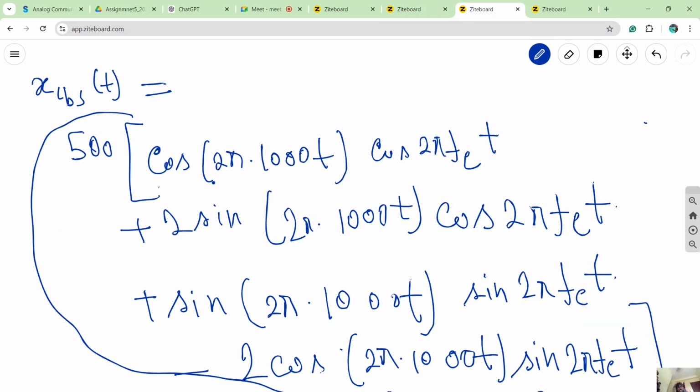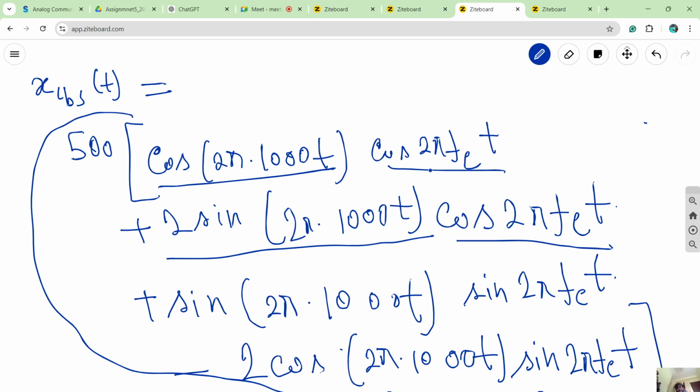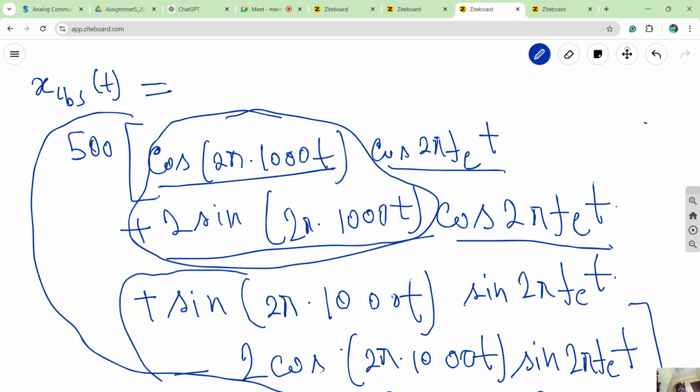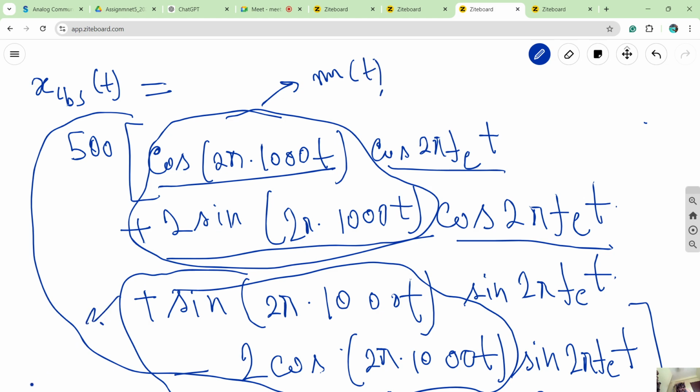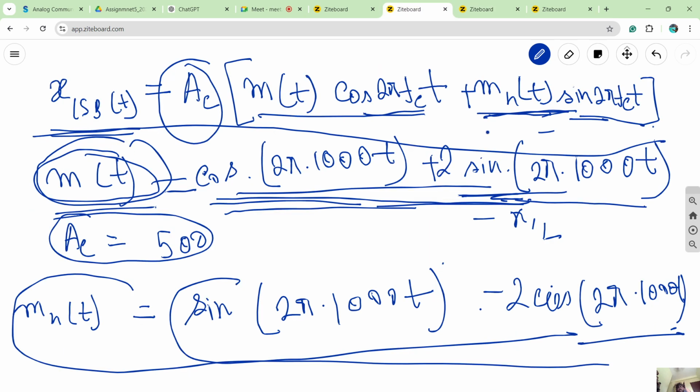Then you have to just replace these two for the cos terms. We have divided. This term is M of T, and this term is M H of T, and this is the multiplication term cos, and this is the multiplication term sine.